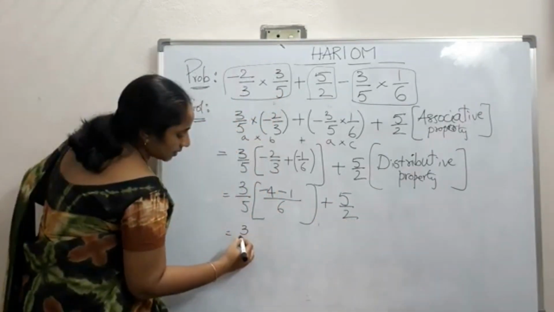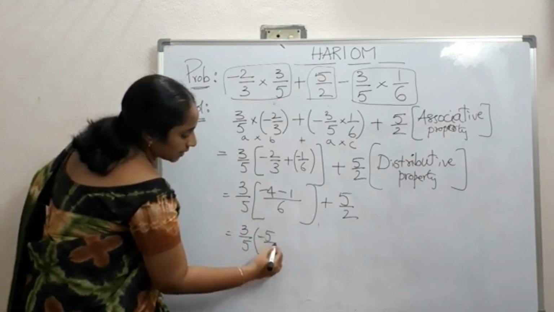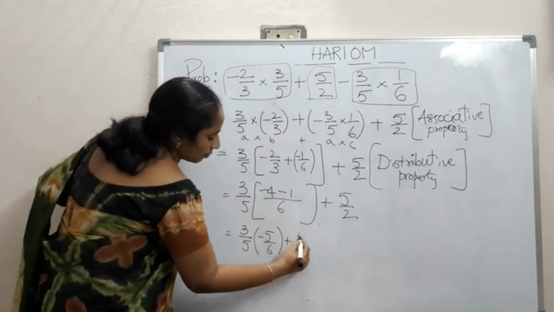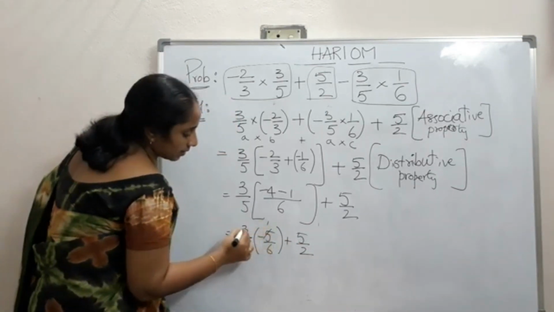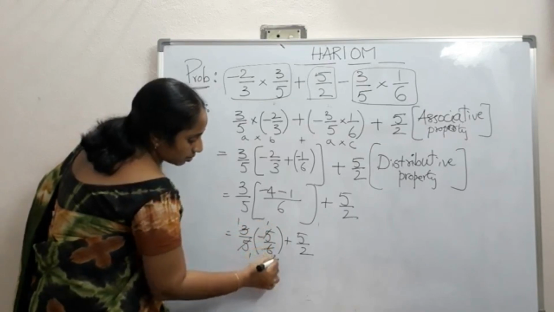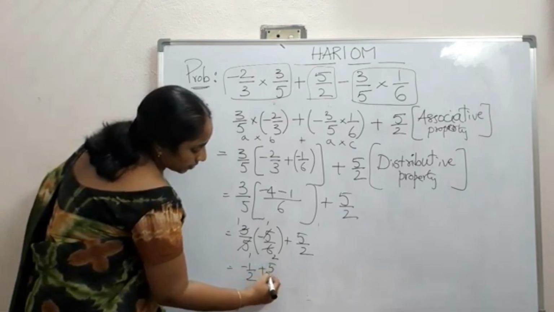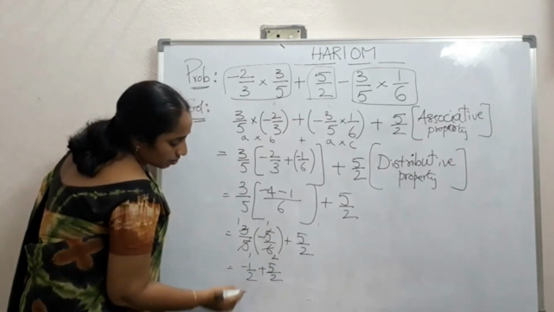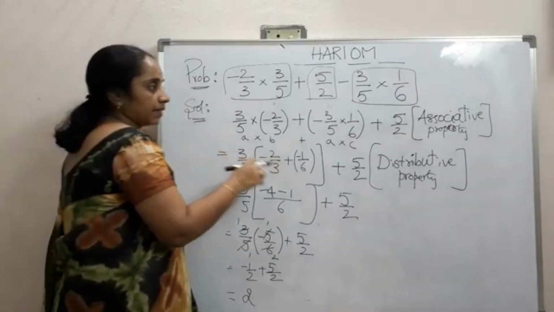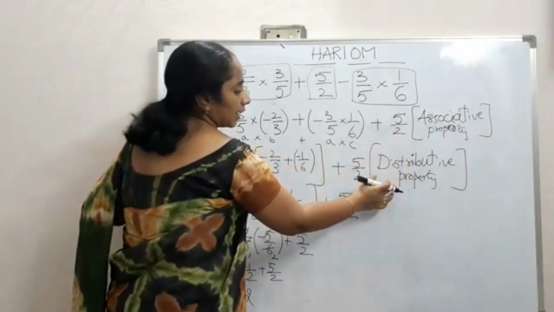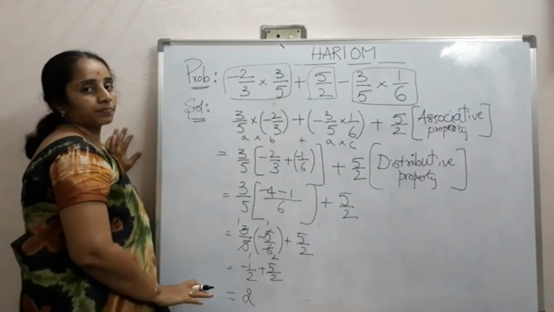It is 3 by 5 into minus 5 by 6 plus 5 by 2. 5 ones, 5 ones, 3 ones, 3 twos. It is minus 1 by 2 plus 5 by 2. We get 4 by 2. It is 2. So, by applying the associative property and distributive property, we simplified the same problem.